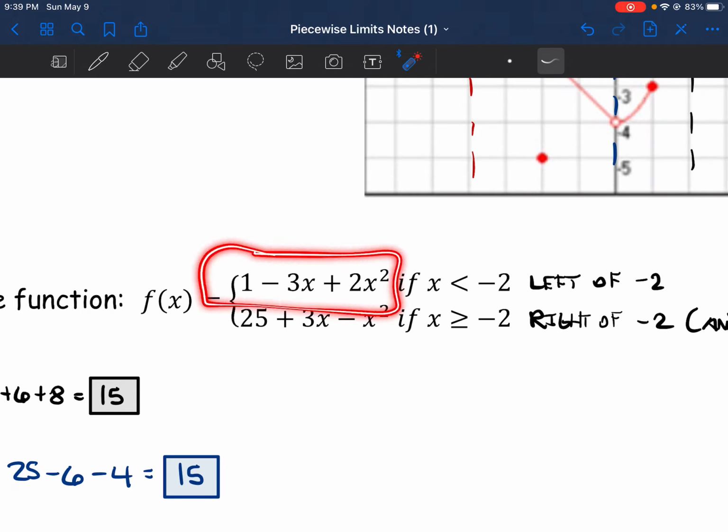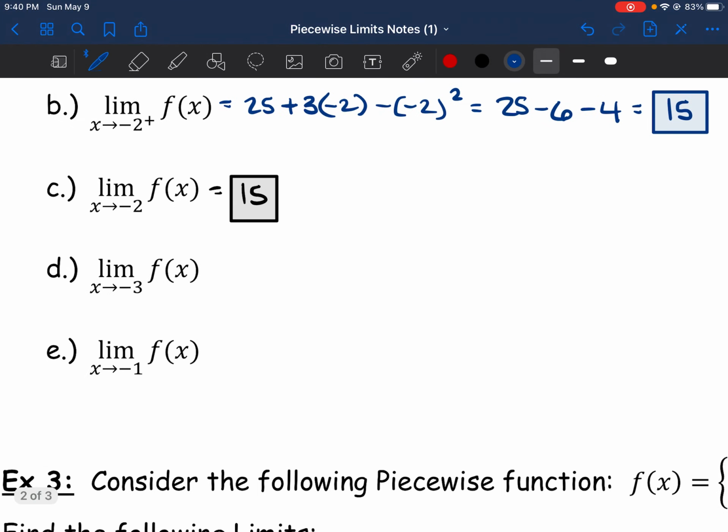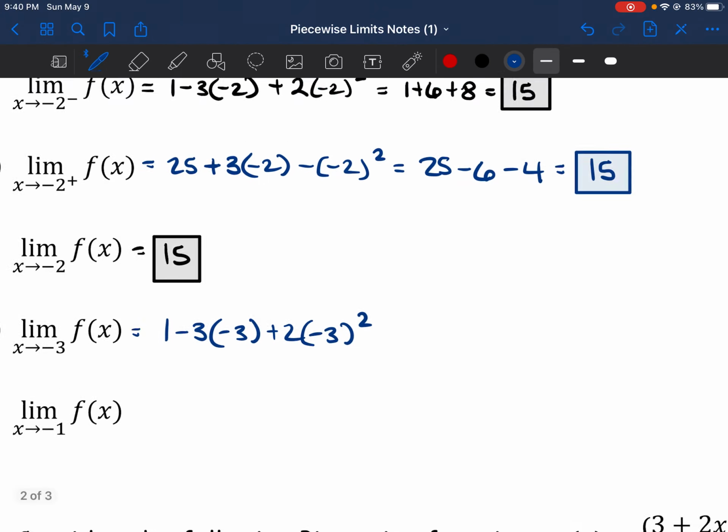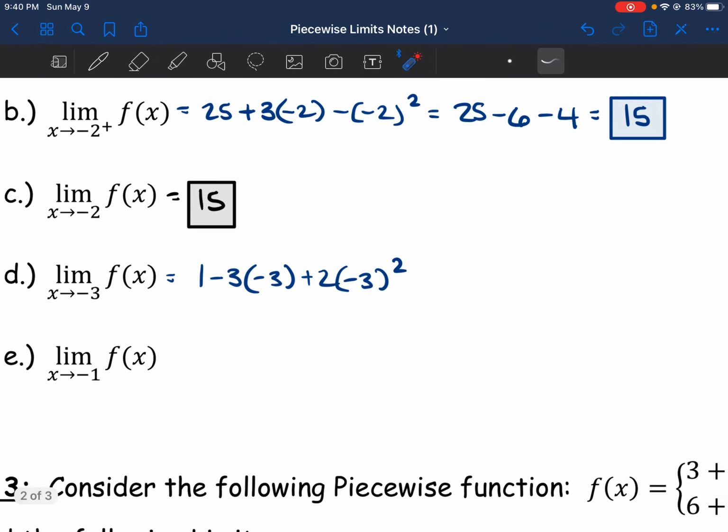So we're going to use 1 minus 3x plus 2x squared. I'm taking the negative 3 and just directly substituting it into this part of the piecewise function, which is defined anytime x is less than negative 2.